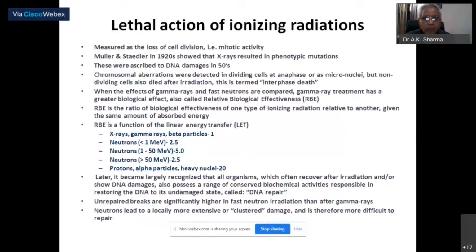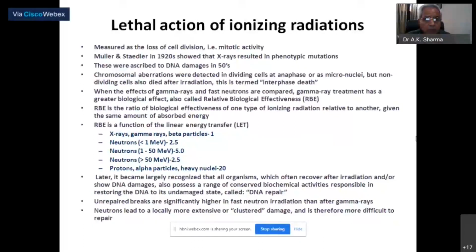In germ cells, meiotic activity brings down the number of chromosomes from a diploid to a haploid state. So in germ cells, it's only one set of chromosomes, not two sets. But the loss of life is when the cell division ability of the organism is lost, or cell division is no longer taking place. Mitotic activity is not taking place.